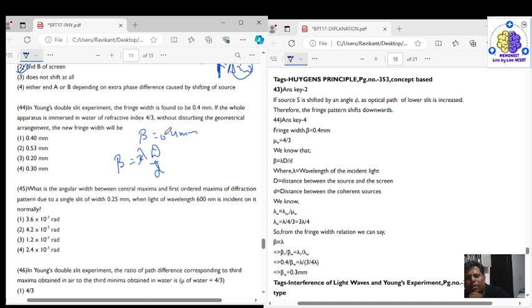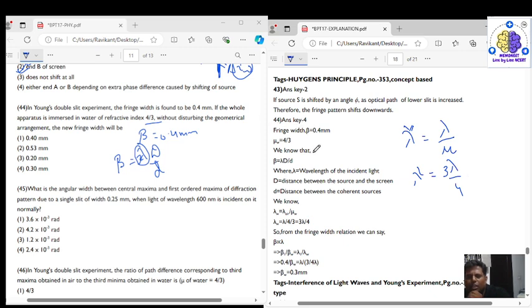Now, when the whole arrangement is immersed in a liquid of refractive index 4 by 3, the wavelength will change. How will the wavelength change? The new wavelength lambda dash will be equal to lambda upon mu, right? Lambda upon mu is given as 4 by 3, so 4 and 3 will come to the numerator, so it becomes 3 lambda by 4.